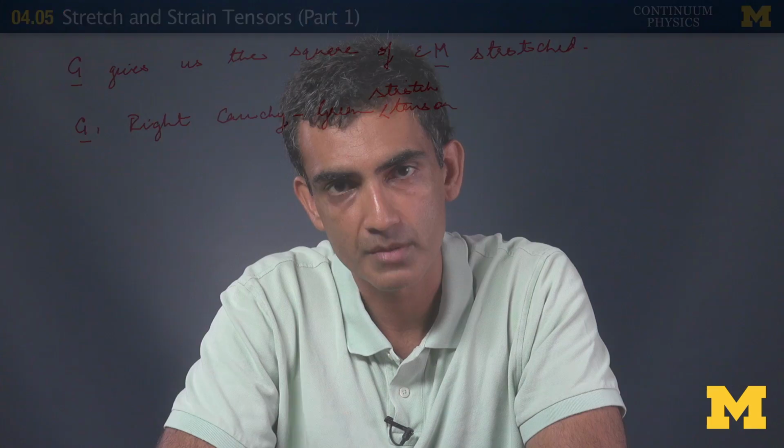Cauchy and Green are, of course, mathematicians. Cauchy is perhaps the more famous of the two. We understand why we call it a stretch tensor. The use of the term right there will become clear a little more as we continue to develop the material. So C is one of our fundamental measures of the stretching of material fiber vectors. So you take a little fiber vector here.